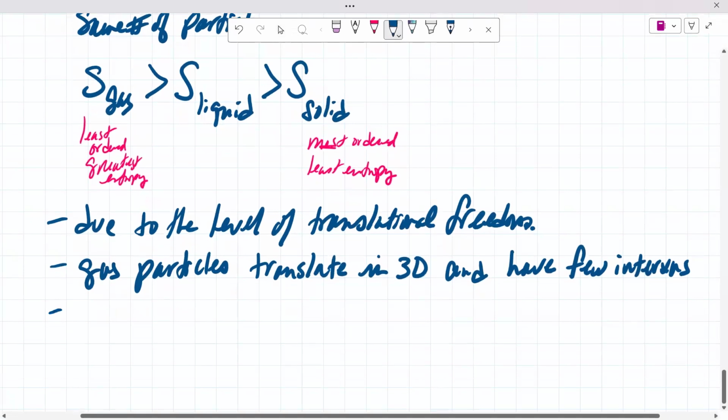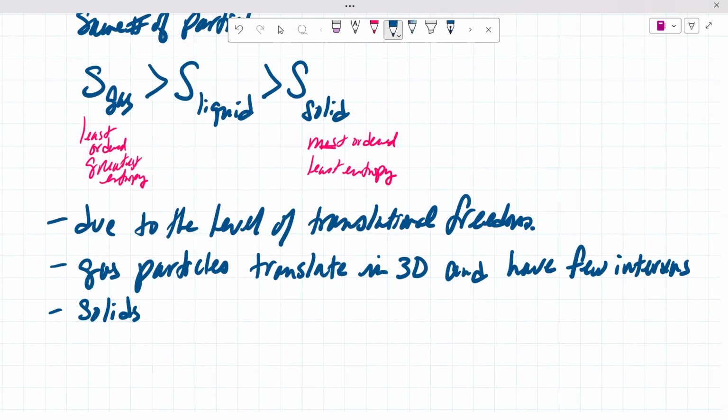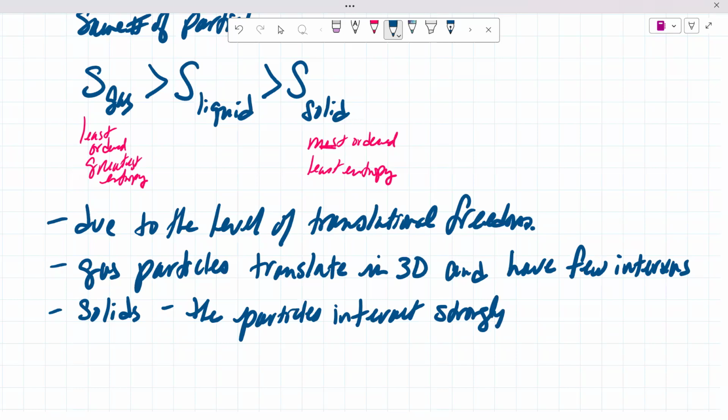Solids are at the other extreme. Particles interact strongly, by hydrogen bonds, for example, and they don't translate much.